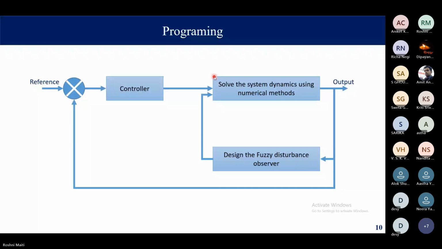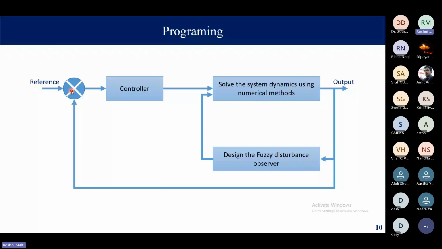After this, that system has to track one reference. Therefore, I have to attach one controller that will give some control input to this system so that the system output can track the reference input or reference value properly. This is our main motivation.